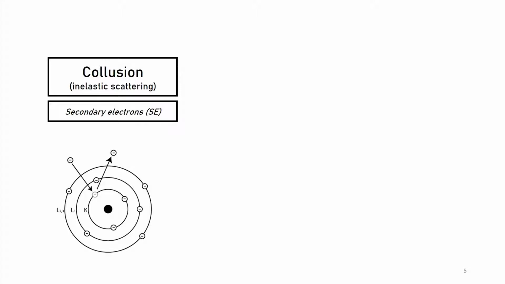One ball hits another ball if we keep the pool game idea. A more scientific way to describe it would be inelastic scattering. The electrons that are emitted from this process are called secondary electrons or SE electrons, and they are low energy, only around 50 electron volts.